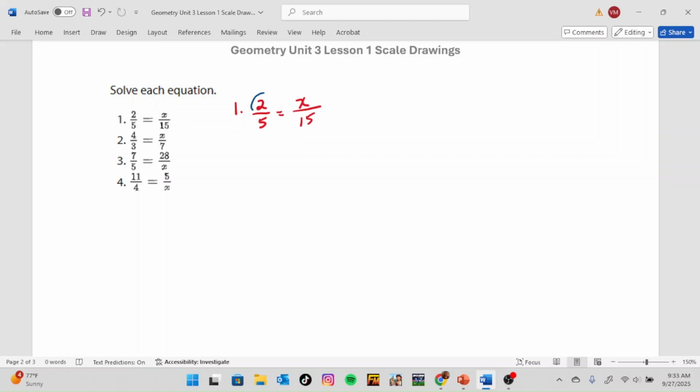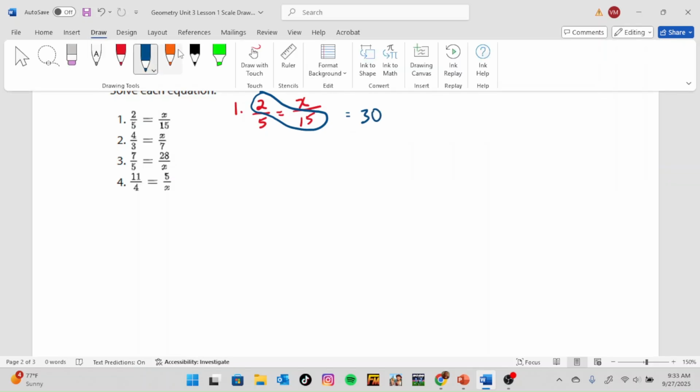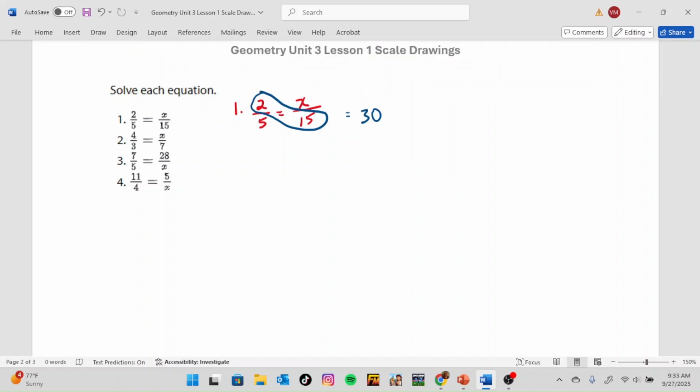So I'm going to multiply the number on the top left with the number on the bottom right, and that's going to give me 30. And then I'm going to take the number on the top right and multiply it with the number on the bottom left, and that's going to give me 5x.